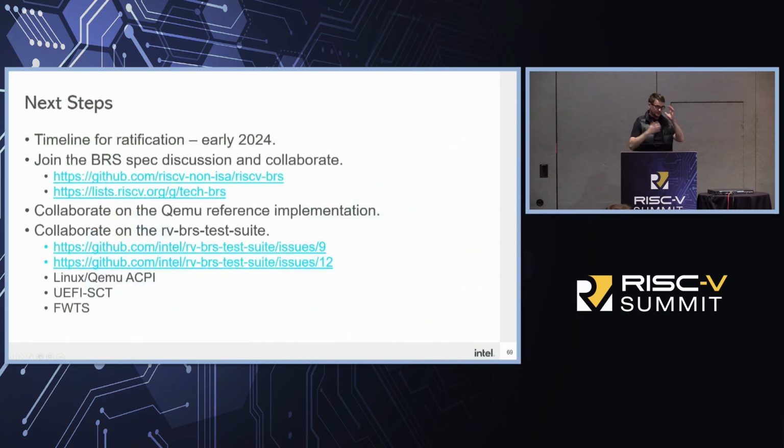In terms of next steps, the timeline for ratification is early 2024. Aaron Durbin can comment on what the actual timeline is. Please join the BRS spec discussions, and please collaborate with us. There are not that many folks there, of course very thin on the system software engineering side.